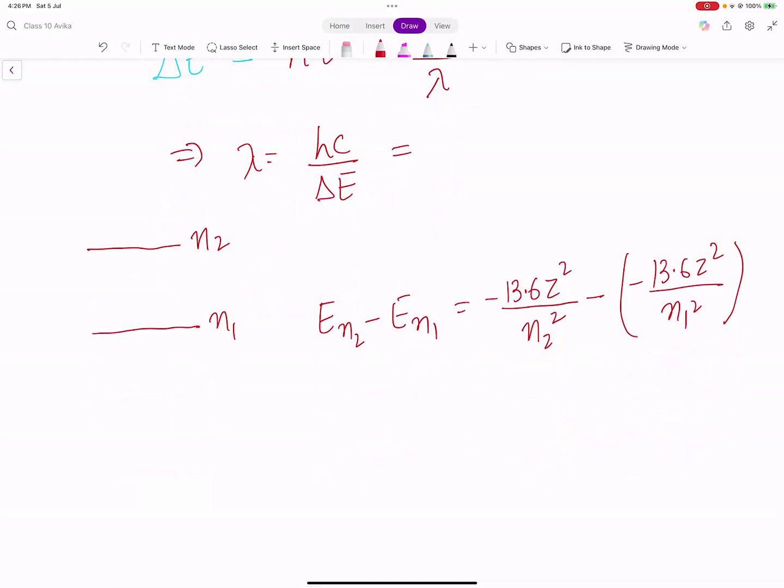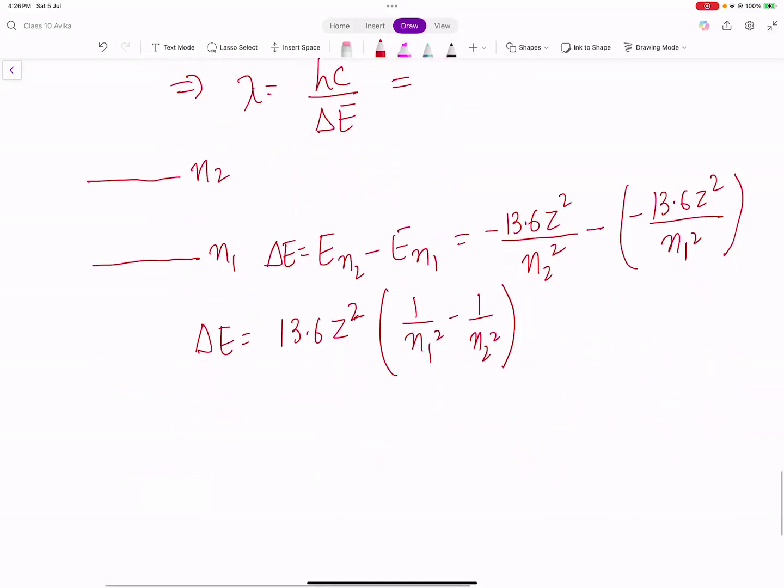So this delta E is equal to 13.6 Z square into 1 by n1 square minus 1 by n2 square, right?